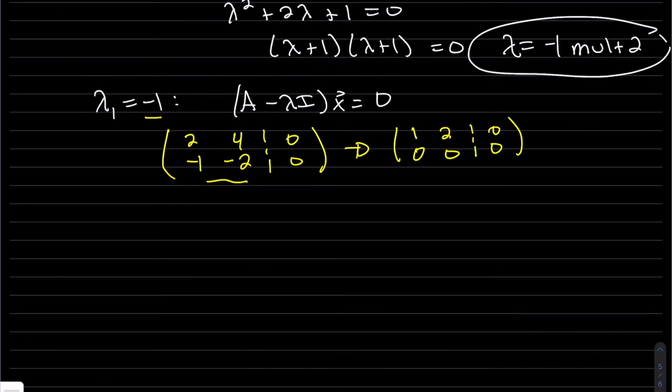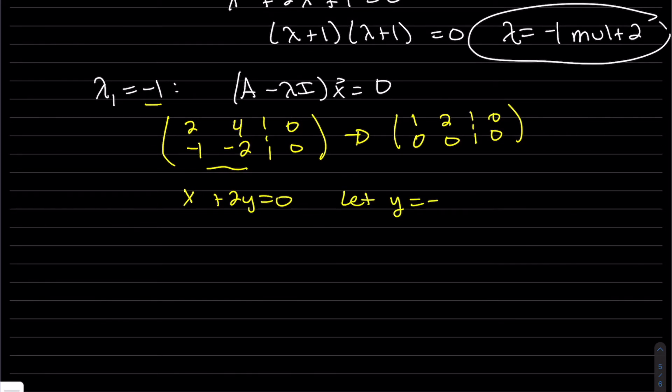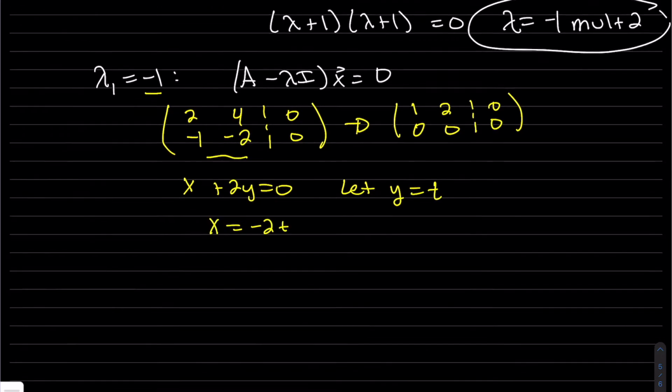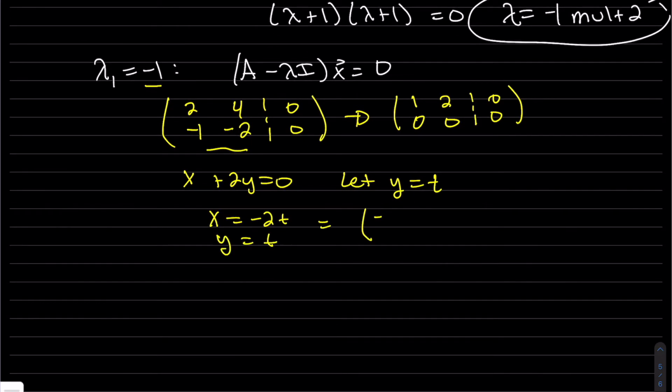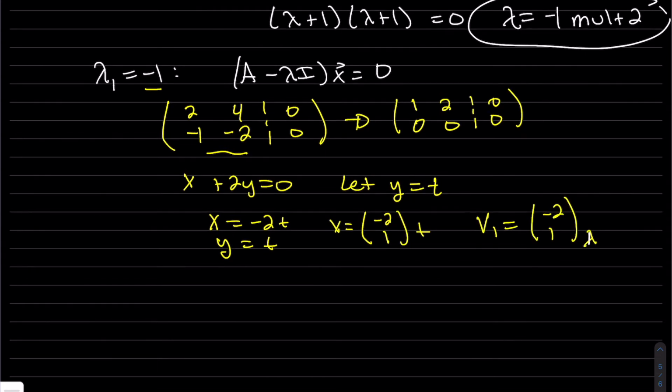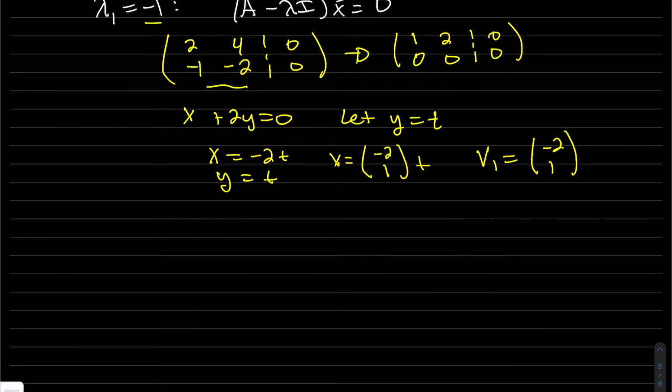And then we get the first row. Okay, so our v1 is the vector minus 2, 1. You could have 2, minus 1, it works out the same. You can see here we can multiply through by negative. Just change it so you can see it doesn't matter.